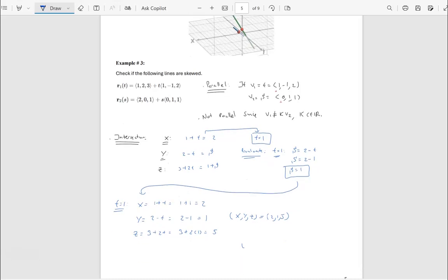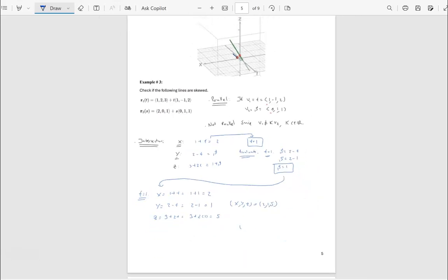Since you're assuming there's an intersection, you have to check that when you plug in your second value, s, which in this case is 1, you also have the intersection. So let me evaluate s equal to 1, and you're going to have that your z coordinate is equal to 1 plus s, which is 1 plus 1, or 2.